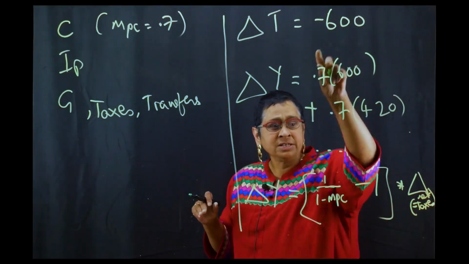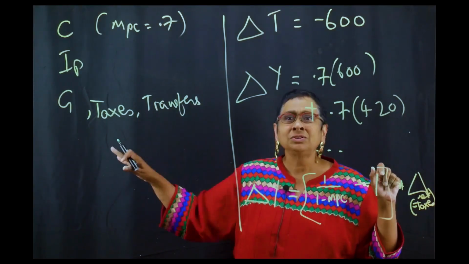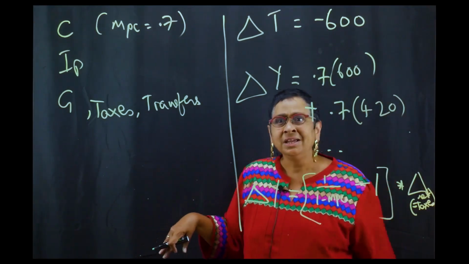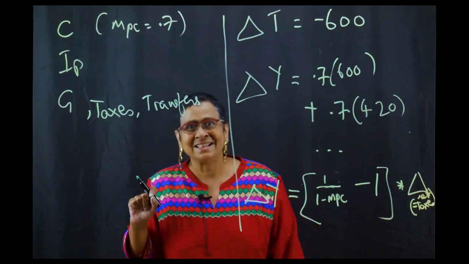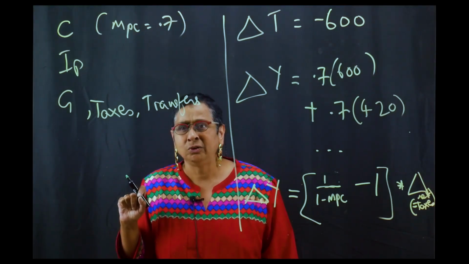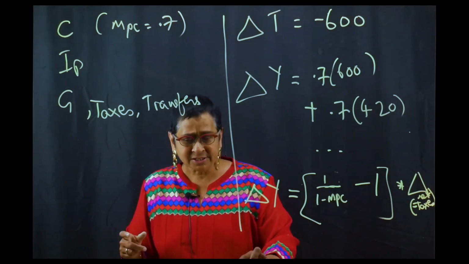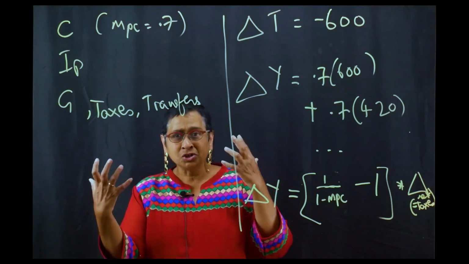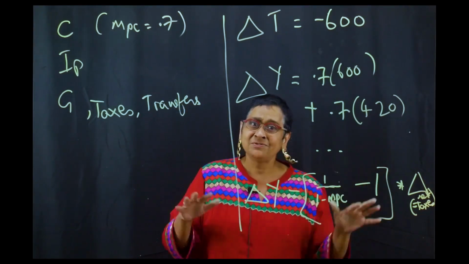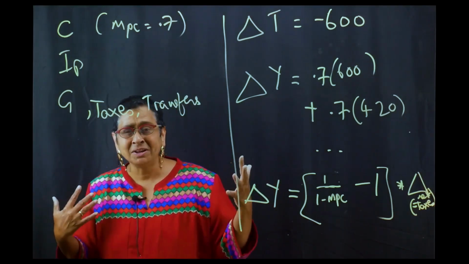So 600 is going to end up creating, instead of 2,000, which was the change in income from G, 600 less than that. It's actually going to create 1,400 total increase in your income. So what you're beginning to see is that dollar for dollar, in terms of overall budget policy, people might have different reasons to prefer taxes versus transfers versus government expenditure and so on.